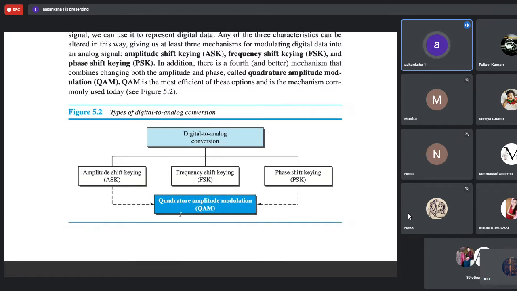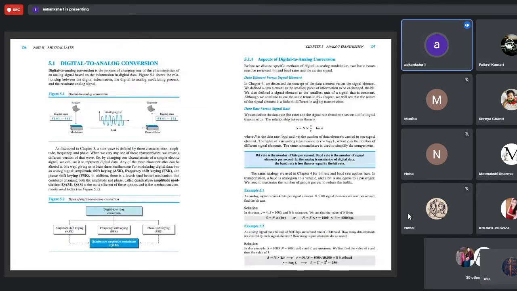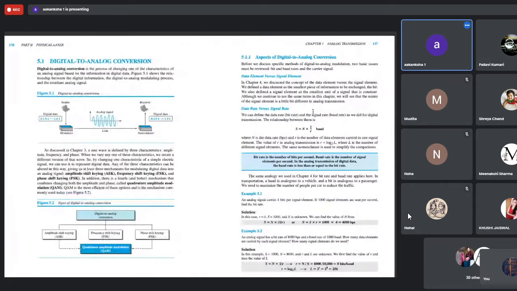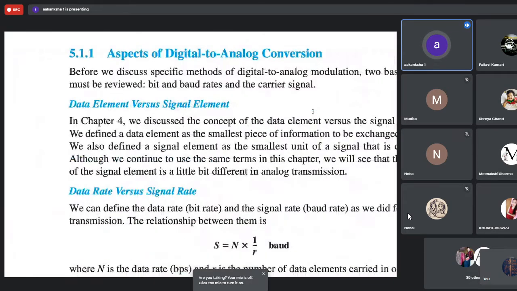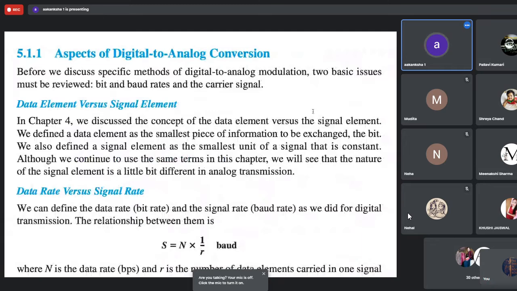Now next is aspects of digital to analog conversion. As we discussed earlier, there are two basic things to be considered while discussing the benefits and advantages of each type of conversion. We'll be doing this in the light of two units, basically.